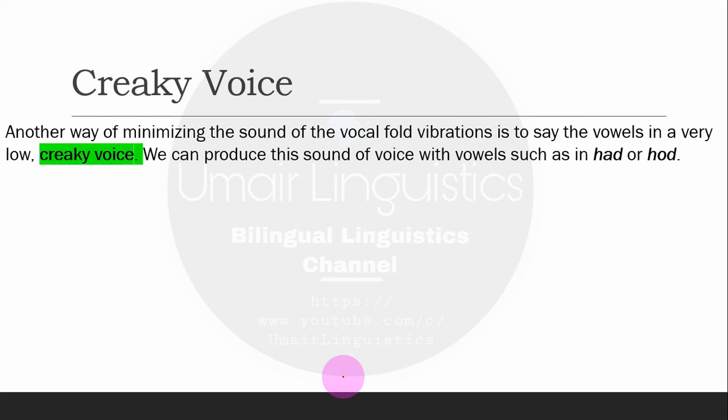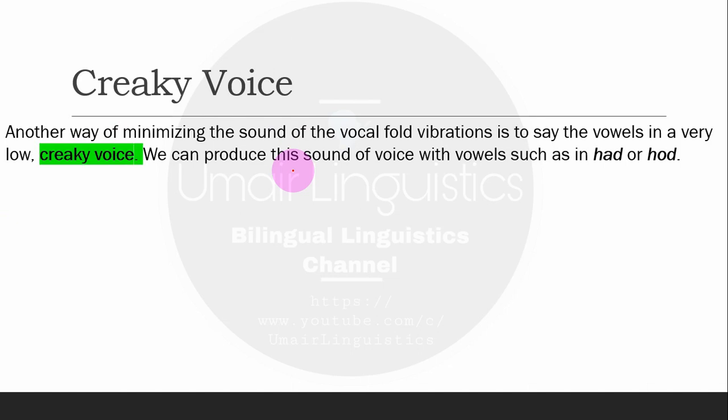So now if we talk about creaky voice, we have another way to minimize the sound of the vocal fold, just like whispering, and this is to produce a creaky voice. A creaky voice has low pitch, and we can produce the sound of voice with vowels, such as if we say this.